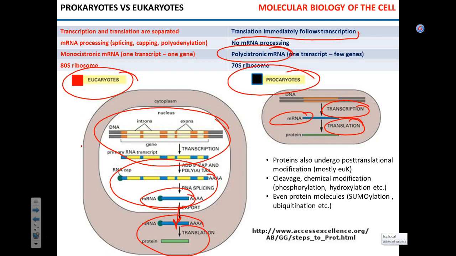So, I will ask you about the differences in eukaryotic and prokaryotic gene expression. So understand these pictures, these tables. Proteins, mostly in eukaryotes, can undergo so-called post-translational modification. You can add sugars to them, acetyl groups, hydroxyl groups, carboxyl groups. If they are faulty, they will be ubiquitinated, so the small protein called ubiquitin will target them for destruction.